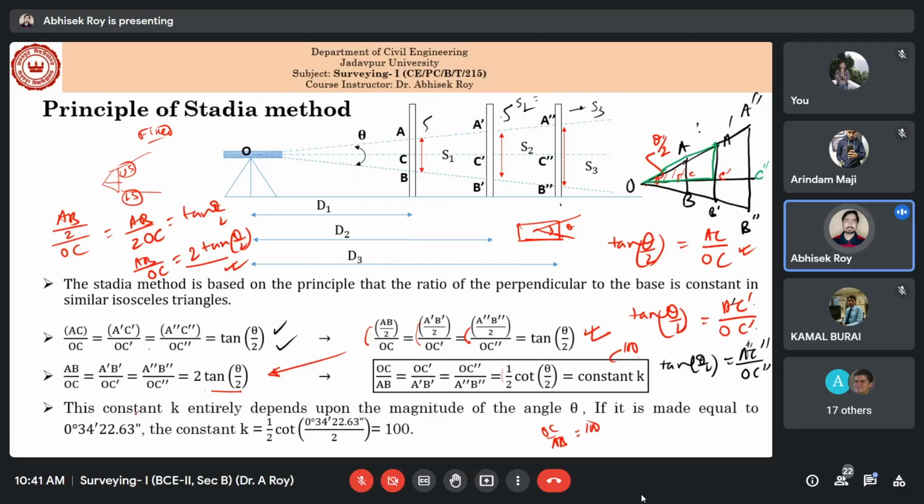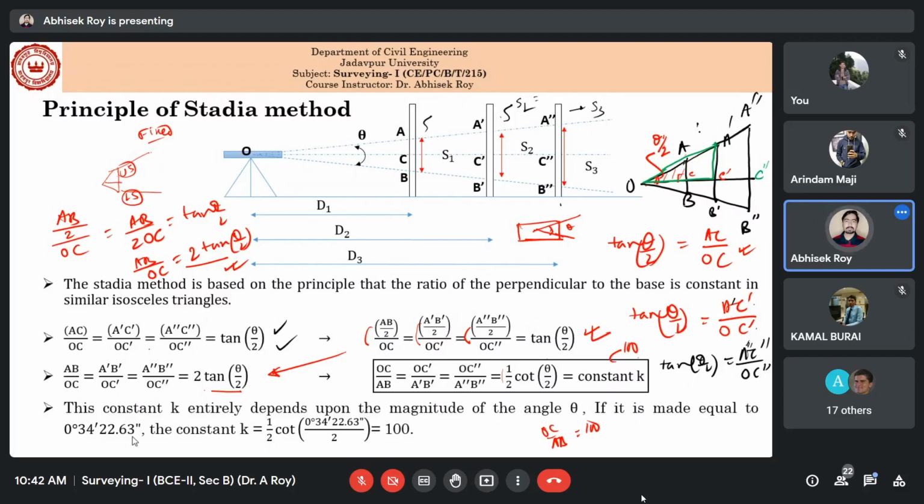If theta is specified by the company which is making this instrument as 0 degree 34 minutes 22.63 seconds, then your value of k will be 100. If your theta differs from this angle, obviously your k value also will change, right?